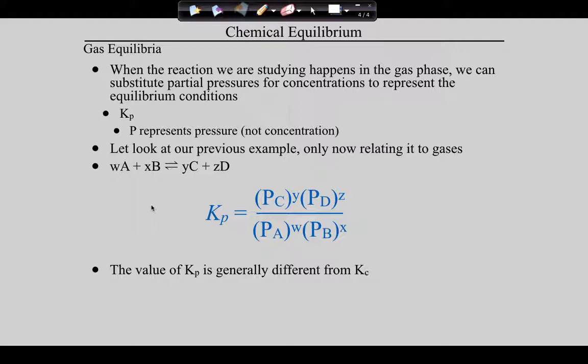So if you're studying a gas phase reaction by looking at partial pressures, and then you go back and study the same gas phase equilibrium using these made-up concentration units, the values will actually be different, typically. It used to be that on the AP equation sheet, there's actually an equation that relates one to the other, but they took it away, so we don't need to talk about it. So you guys good on this?